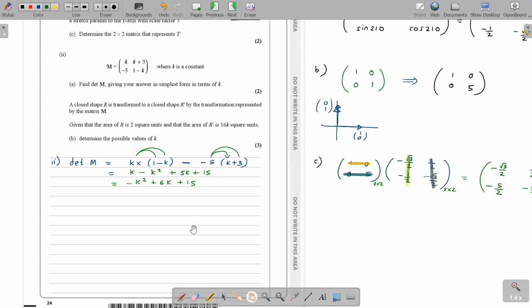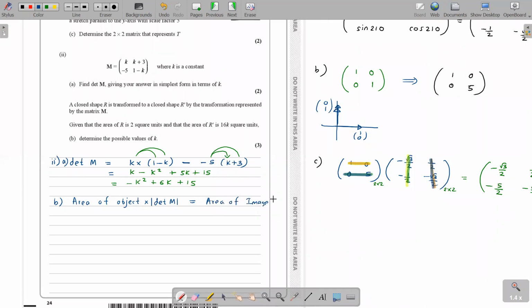So what's the equation that we need to use in here? The area of object into determinant of M, the positive value, is equal to the area of image.